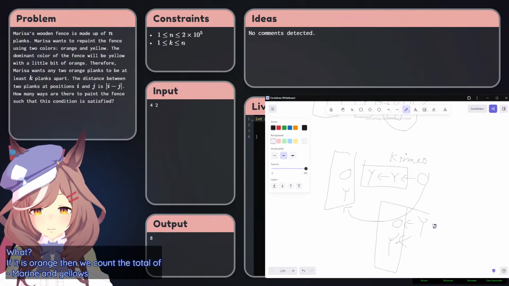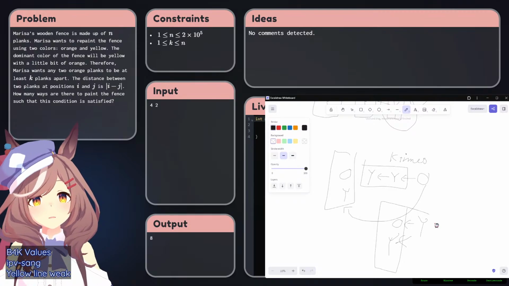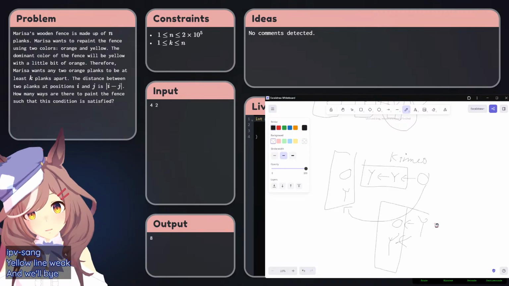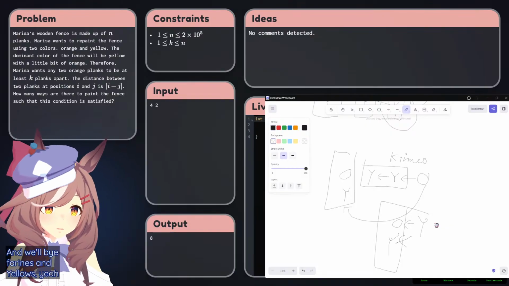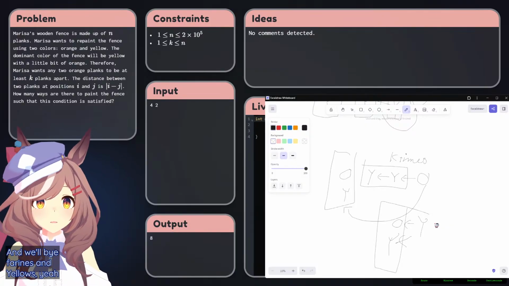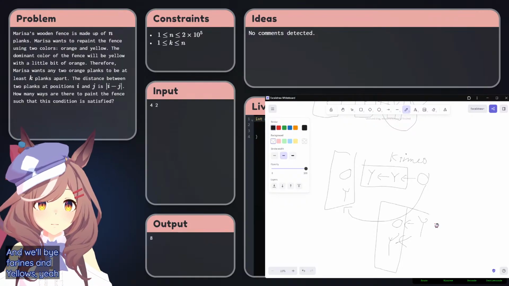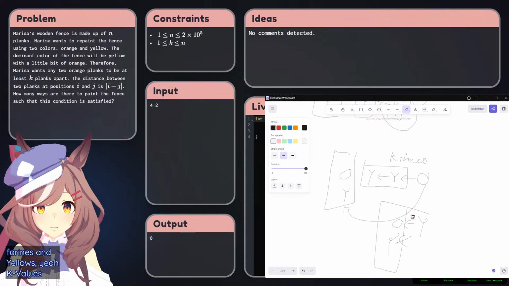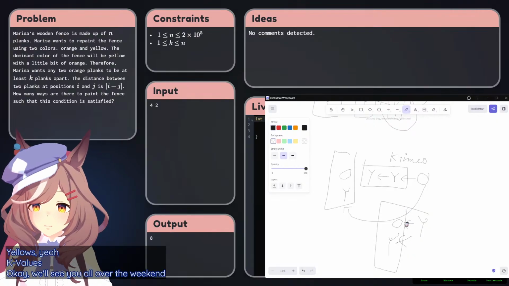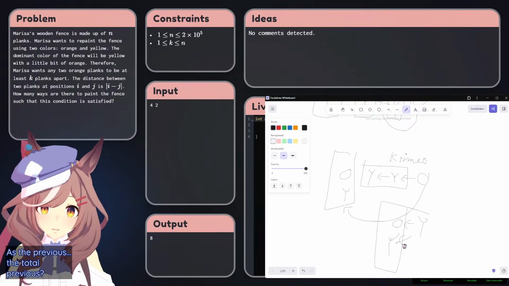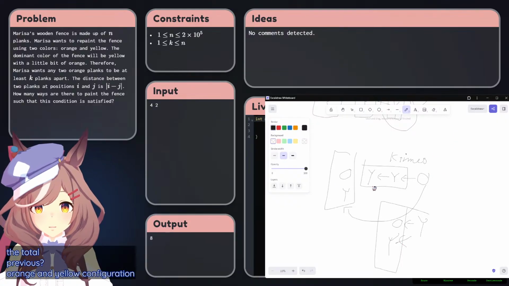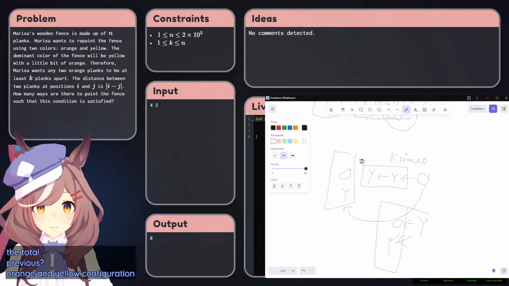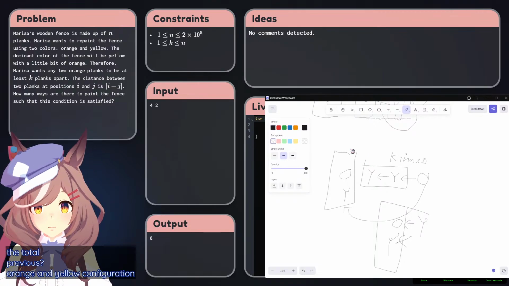If it is yellow, we can count the total of previous orange and yellows configuration, and otherwise it's k times yellows, k times configuration before.